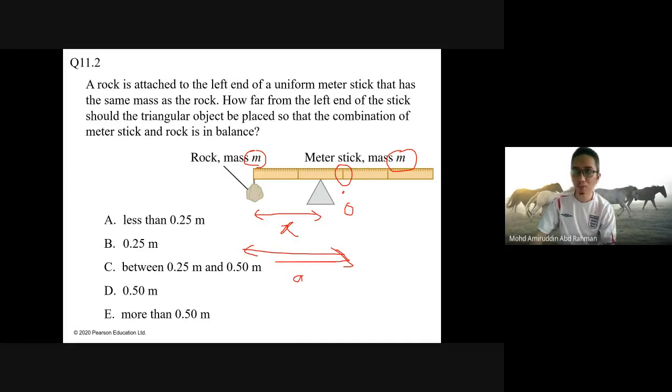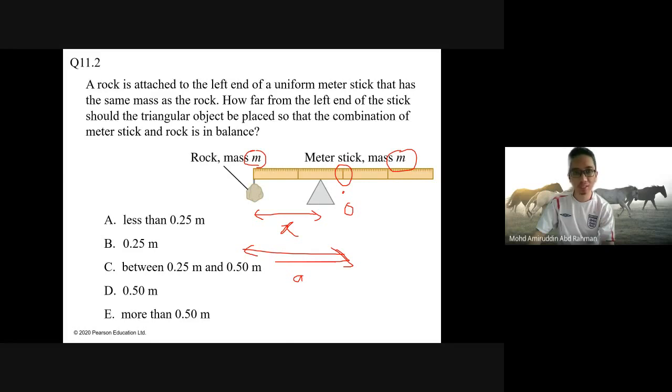I already gave you part of the solution. I already wrote the part of the solution on the whiteboard. You can see that when you solve that, x will be equal to M times 0 plus M times 0.5, divided by M plus M. So M plus M will be 2M, so M times 0.5 divided by 2M.